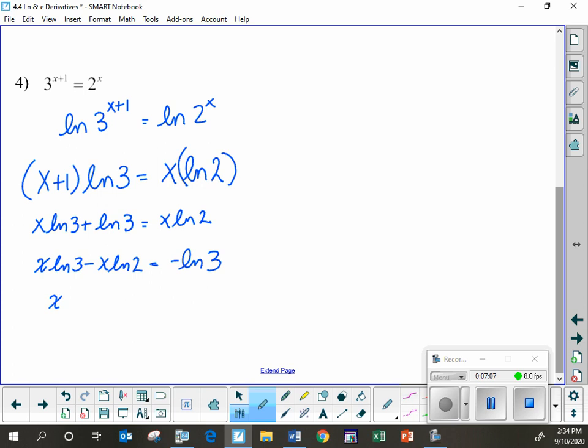And factor out an x, I'd have x times (natural log 3 minus natural log 2) equals negative natural log 3. It's complicated. And from there, we have x equals negative natural log 3 over natural log 3 minus natural log 2.